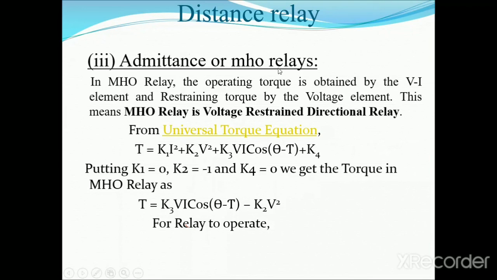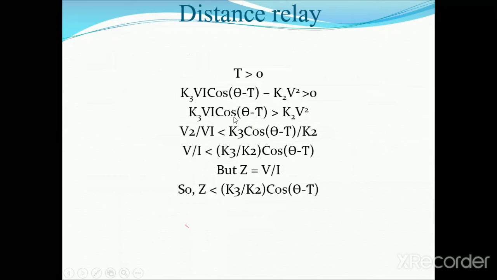A Mho relay measures a component of the admittance. But its characteristic, when plotted on the impedance diagram, that means the RX diagram, is a circle passing through the origin.